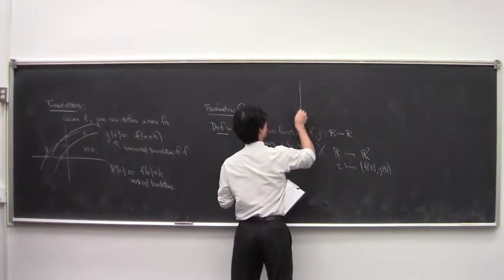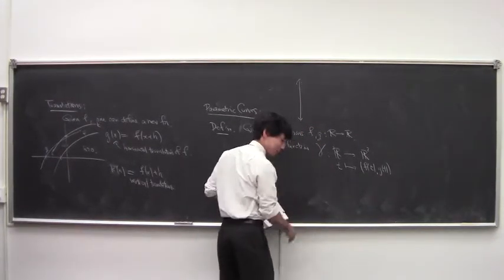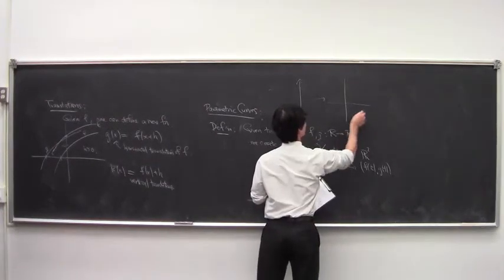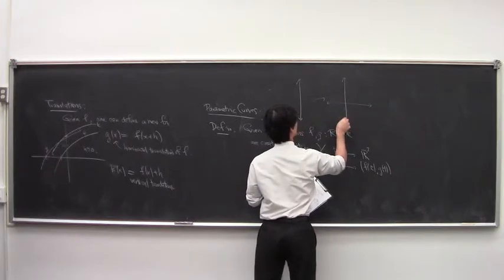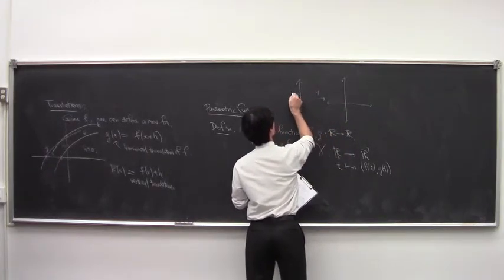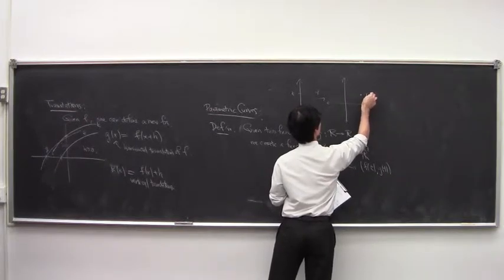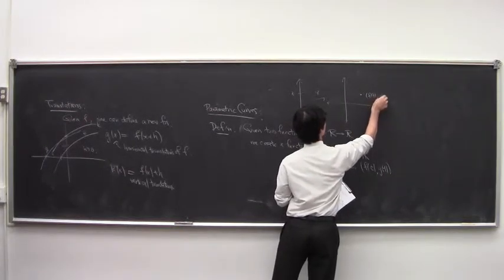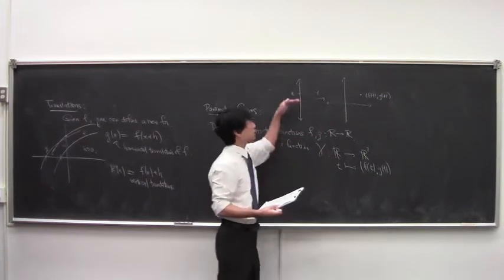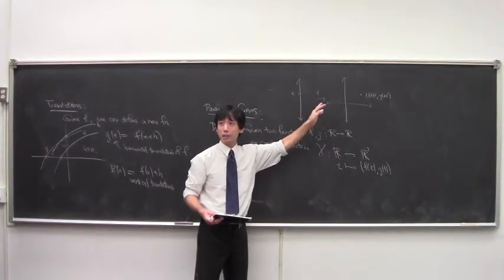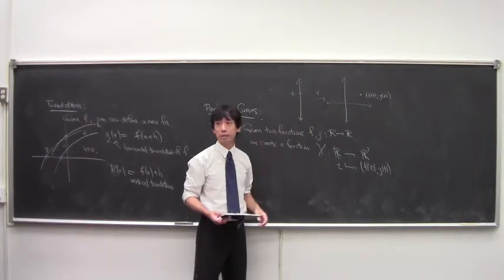It goes from a line into the plane. And it takes the point t to some point f of t, g of t. So as t changes, the coordinates, which are f and g, change.